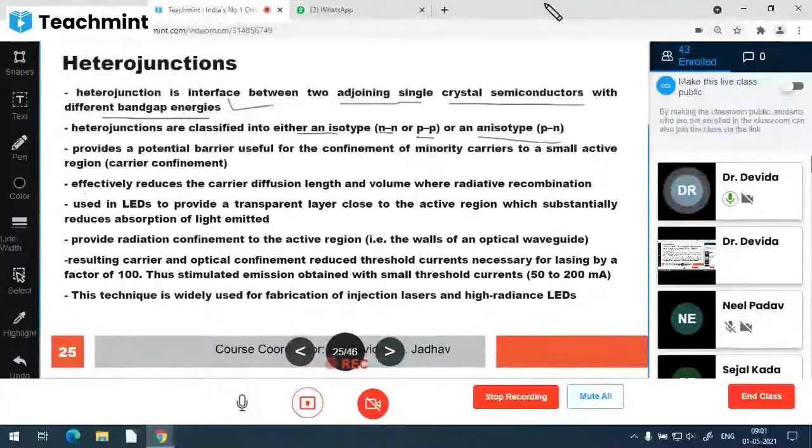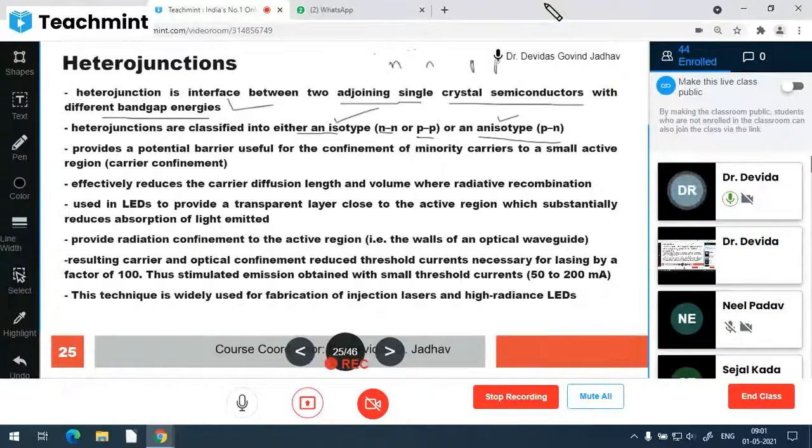If the same material is making the junction, it is called isotype. One N is there, the other N is there, but their band gap energies are different, and that makes a junction. One P is there, the other P is there, but their band gap energies differ. That makes a junction. This type of junction is called an isotype junction.